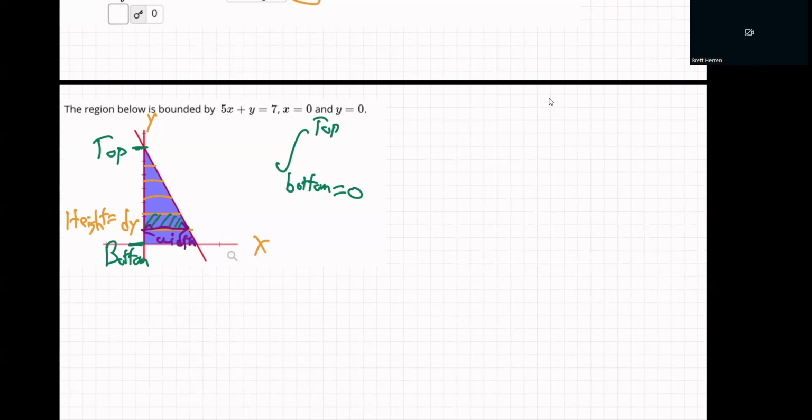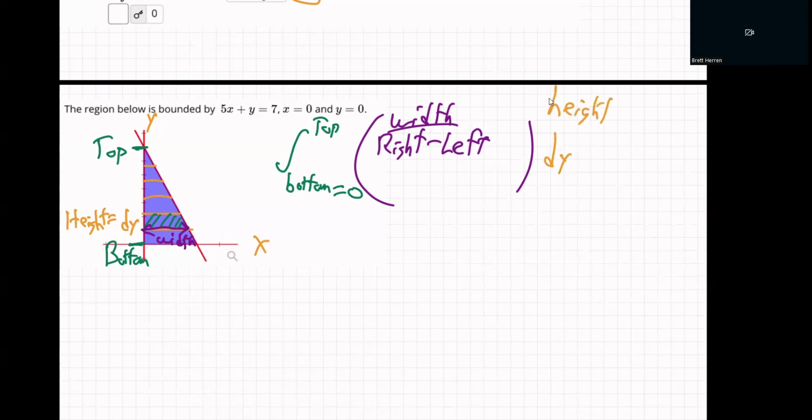Well, the width of each of these rectangles is the right edge minus the left edge. And then we're going to have the dy, which is the height. So this means sum up the rectangles from the bottom to the top, add up all these rectangle areas. Each rectangle has a height of dy, and the width is right edge minus left edge.